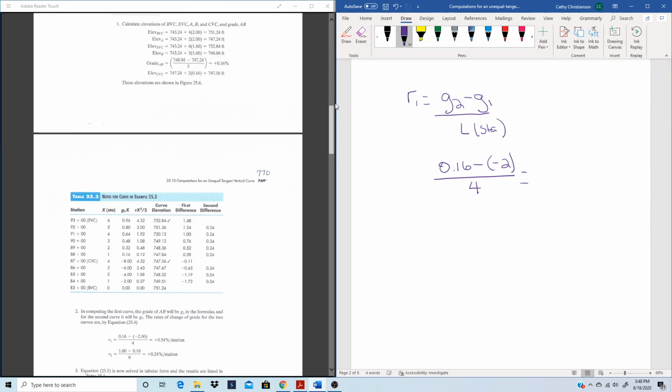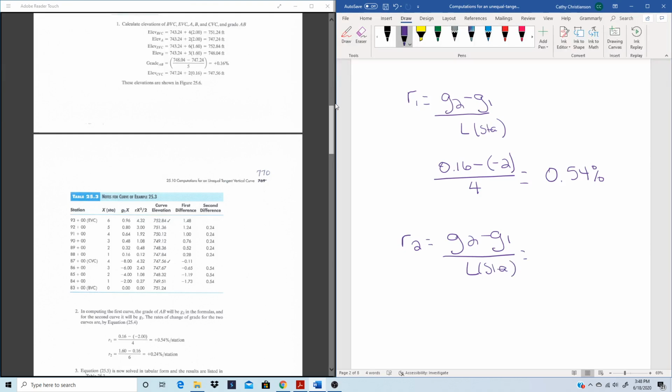And you would get 0.54%. So that's our R1. Our R2 is going to be G2 minus G1 over L in stations.